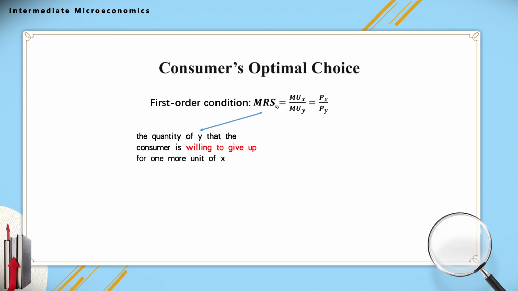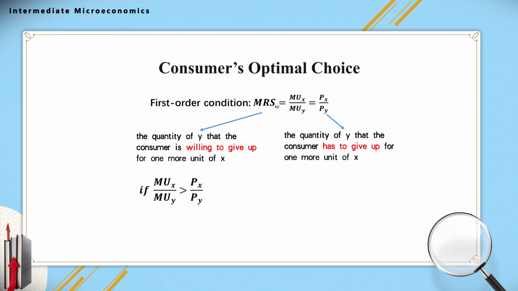MRS of X for Y is the quantity of Y that the consumer is willing to give up for one more unit of X. But Px over Py is the quantity of Y that the consumer has to give up for one more unit of X. If MRS of X for Y is greater than the relative price, in order to consume one more unit of X, the consumer has to give up less Y than he is willing to give up.